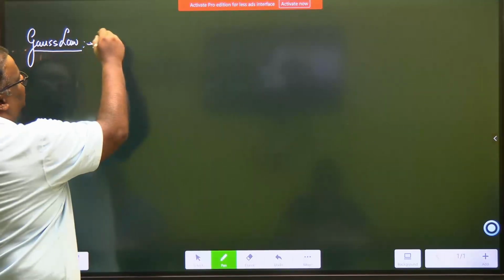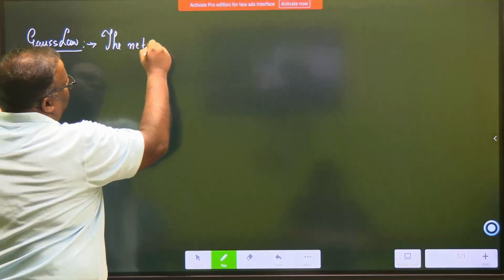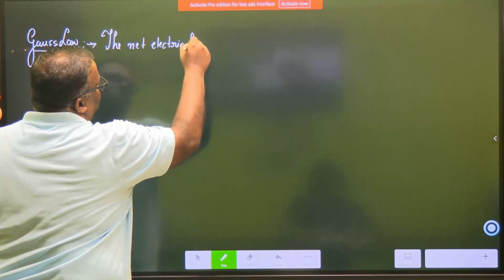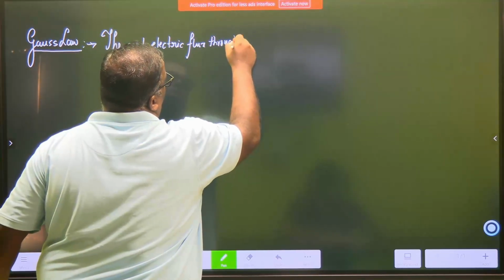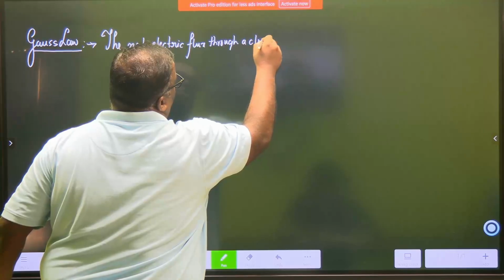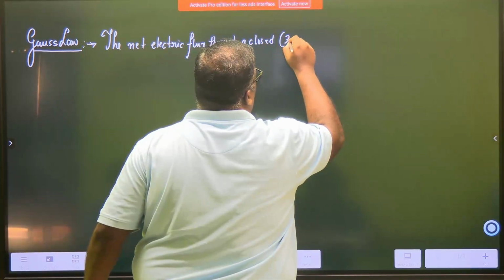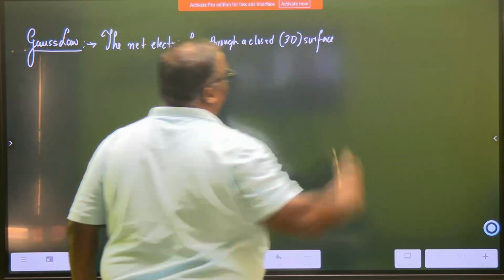The net electric flux through a closed surface, closed means 3D, right?